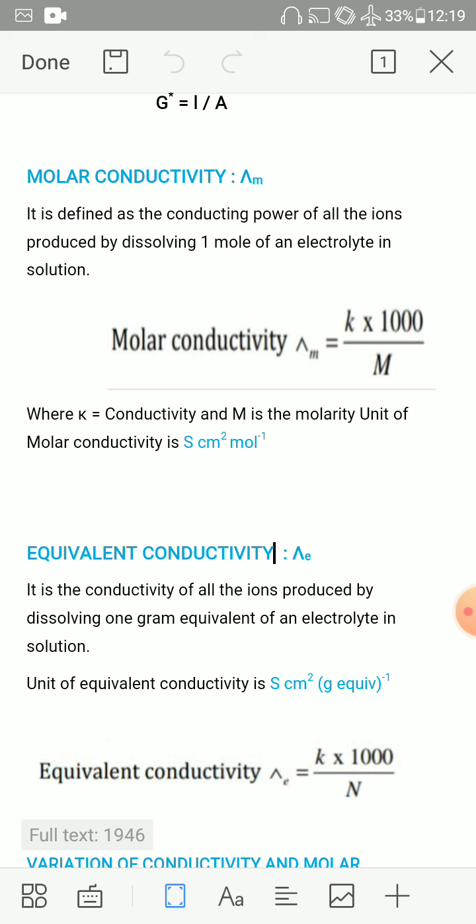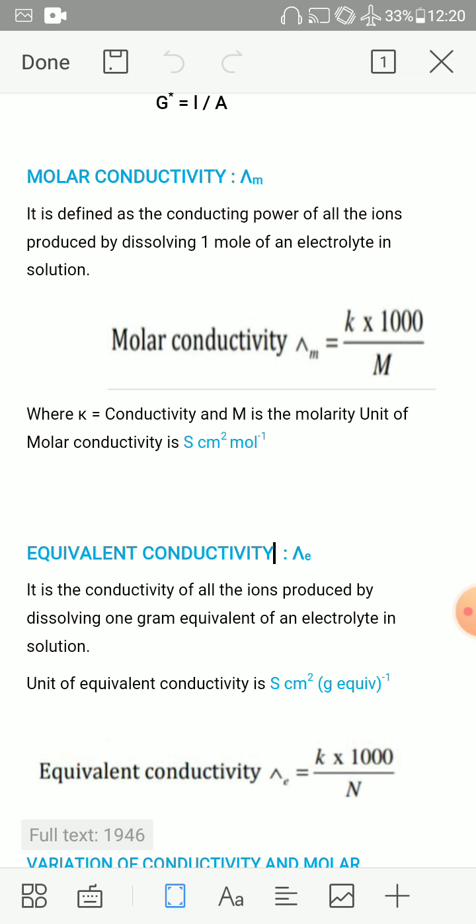Now, the unit of molar conductivity is Siemens centimeter square mole inverse. You have to memorize the definition of molar conductivity, the formula of calculation of molar conductivity, and the unit of molar conductivity. These are important points.